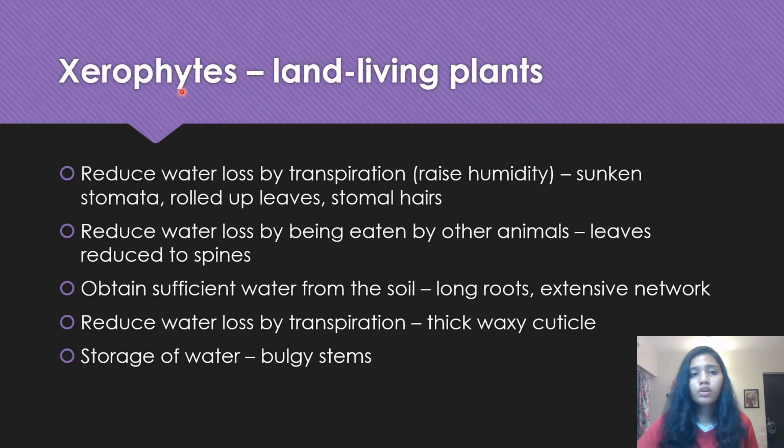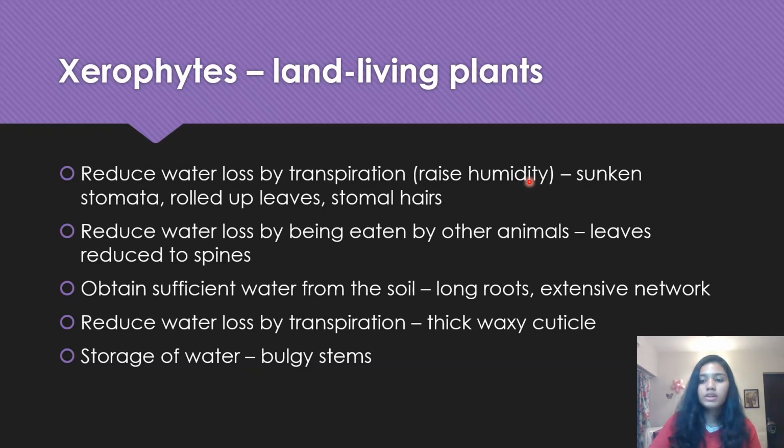Okay. So these are some basic features that are present in most xerophytic plants that are seen in mark schemes as well. So one, to reduce water loss by transpiration. So you raise humidity to reduce water loss. Plants have sunken stomata, rolled up leaves, and stomatal hairs. Now to define this, if you see the plant has curled up leaves or sunken stomata or something, you can write the sunken stomata raises humidity.